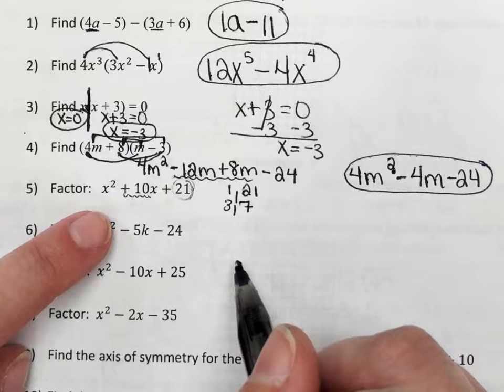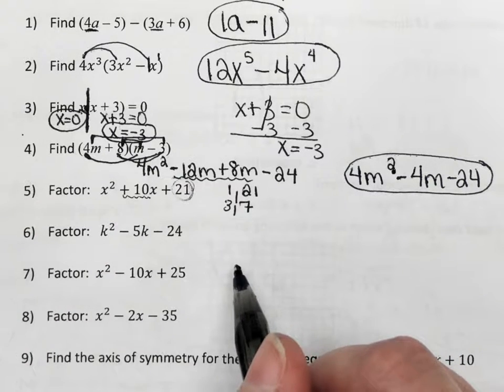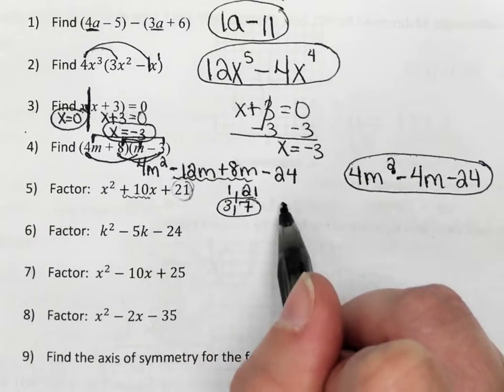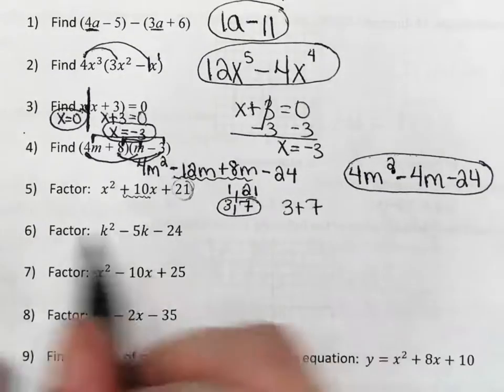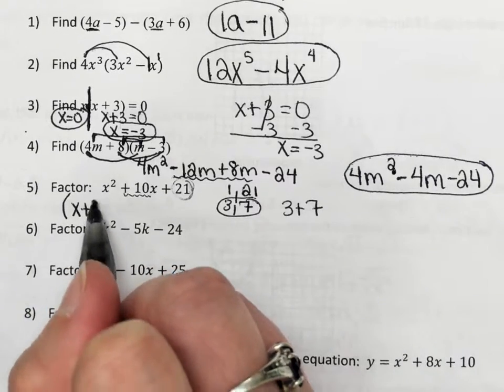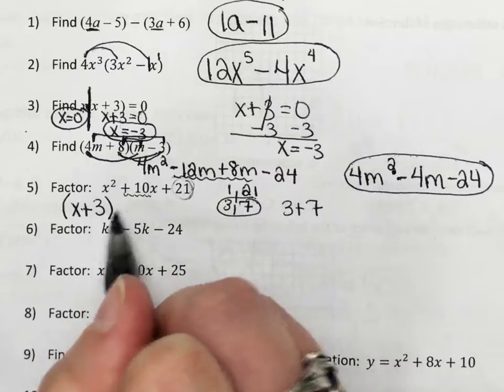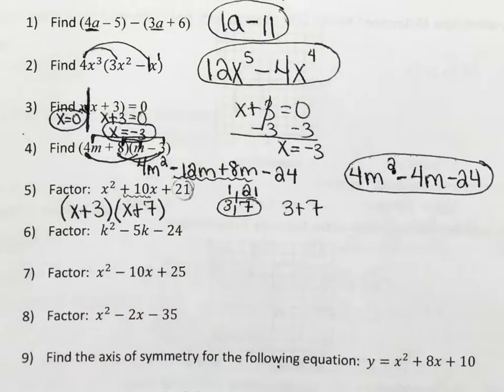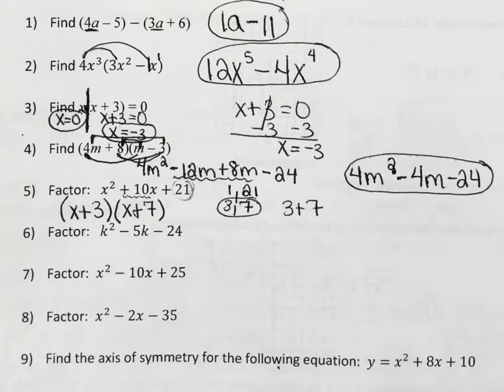Is that the only ones? Yes. All right, which one adds or subtracts to be 10? You add them. Very good. So I would do parentheses, x plus 3, and x plus 7. Very good job. That's it.